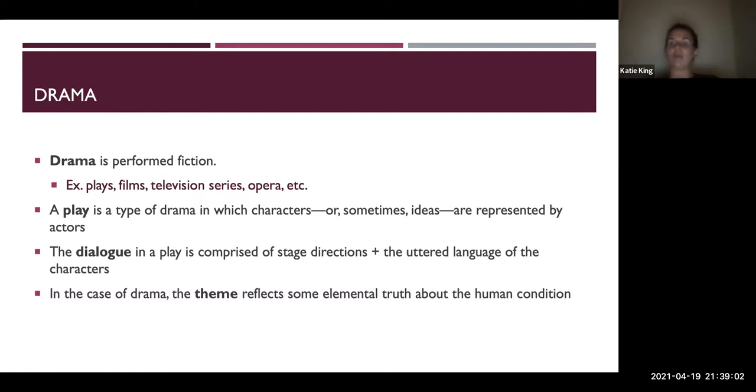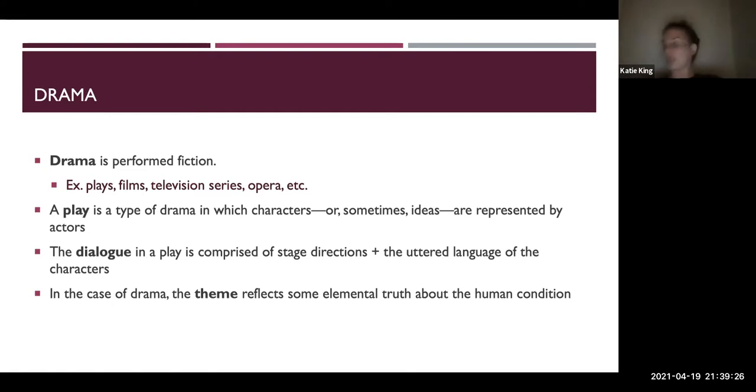And those are so important because, as I've mentioned several times in this class, every single stage direction, every single bit of dialogue, every single word uttered, whether you are aware of it or not, is all deliberate on the part of the director and the actors working together to create a dominant impression.